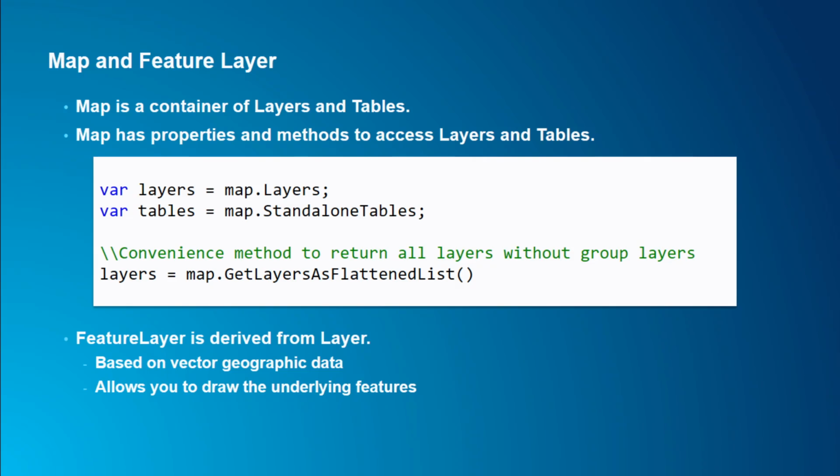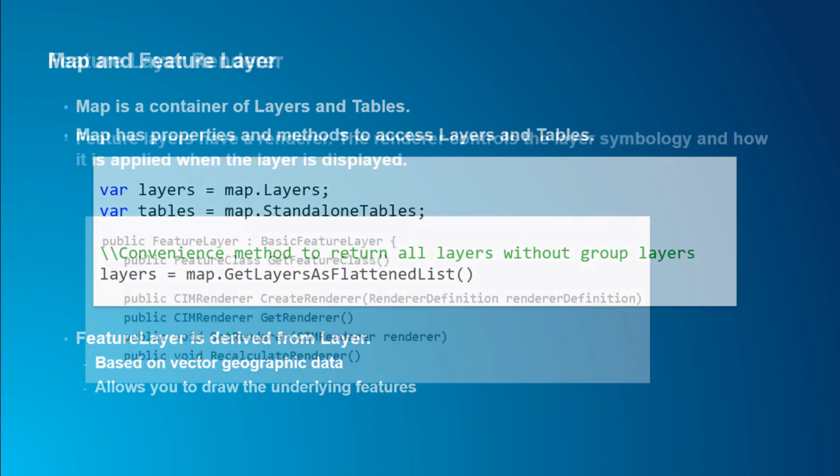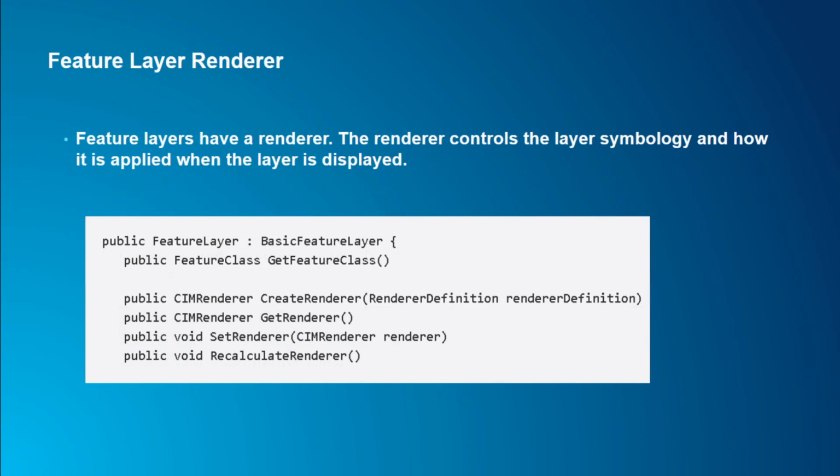Now the feature layer is derived from a layer, and it allows you to draw the underlying features on the active map. So what is a feature layer renderer? Every feature layer has a renderer. The renderer symbolizes the feature and displays that on the map.